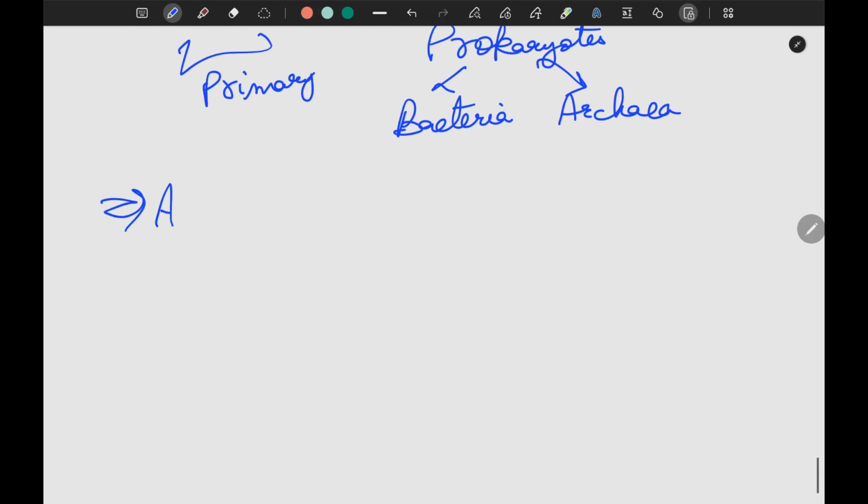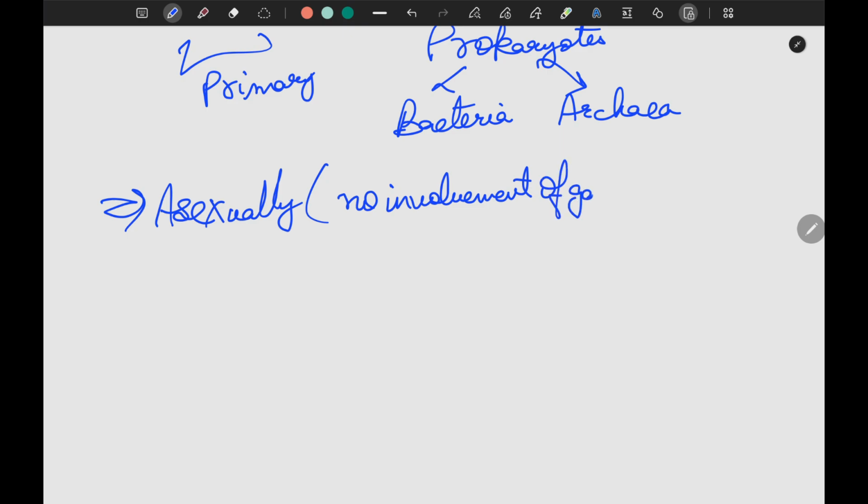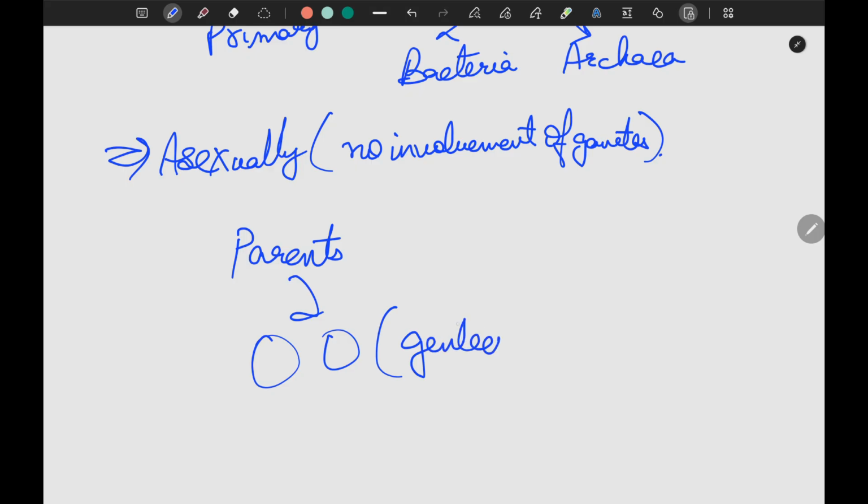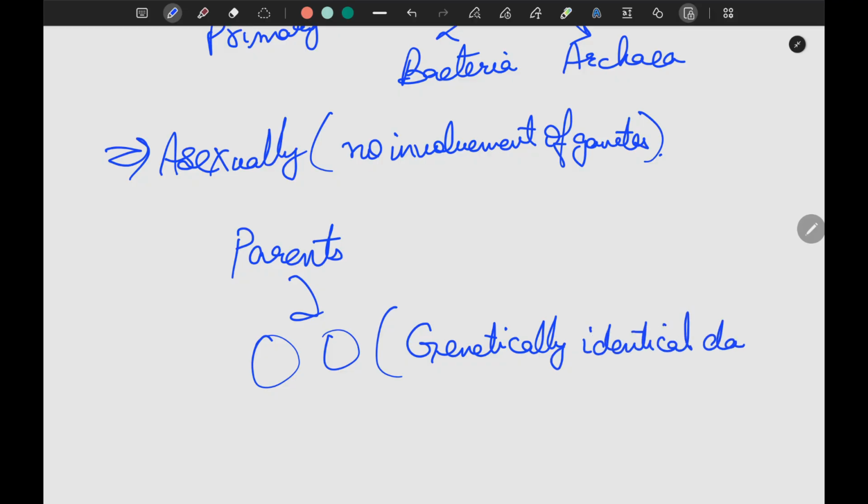This is done asexually, which means no involvement of gametes. A single parent divides into two genetically identical, or nearly the same, daughter cells.